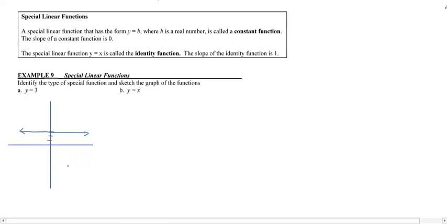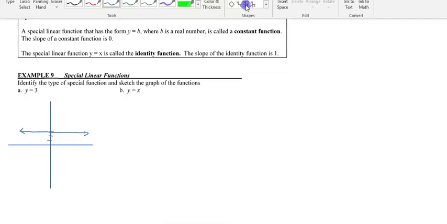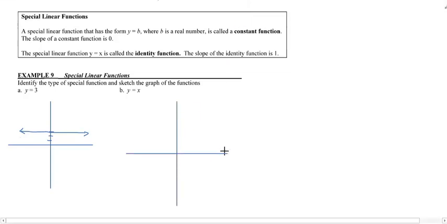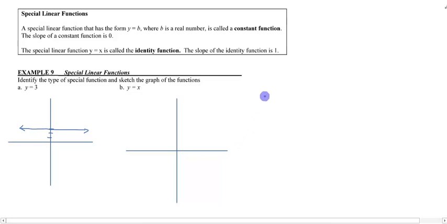Then we have the special linear function y equals x, called the identity function, and the slope of that identity function is 1. Let's go ahead and graph that. If we made a t-table of points, x, y, if x was negative 2, then y is what x is. If x was 0, then y is what x is.